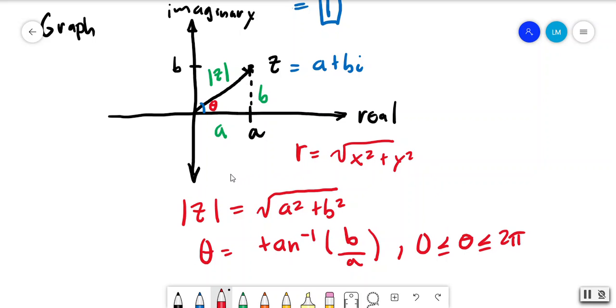Now in any case, let's go ahead and just remove this because it's coterminal to 0, so technically we don't need that. Okay, so we have our complex number. This complex number, algebraically, is in rectangular form.